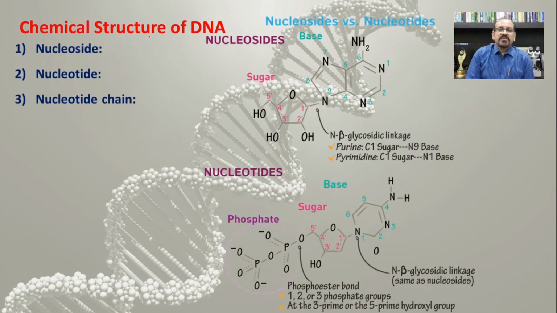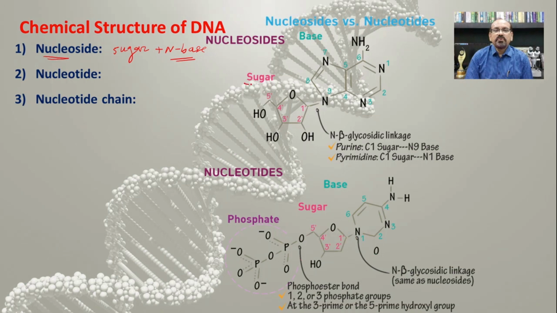The chemical structure of DNA is formed with the help of nitrogen base, sugar and phosphate. When we talk about a nucleoside, it is nothing but the combination of the sugar with a nitrogen base, any nitrogen base. We have four different types of nitrogen bases, that is adenine, guanine, thymine and cytosine.